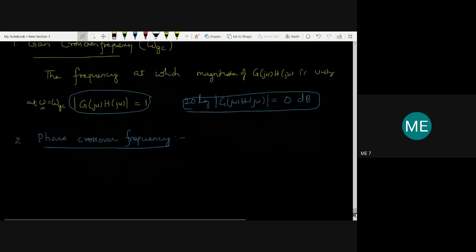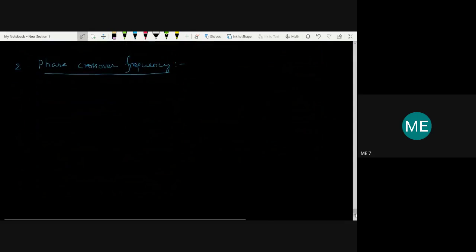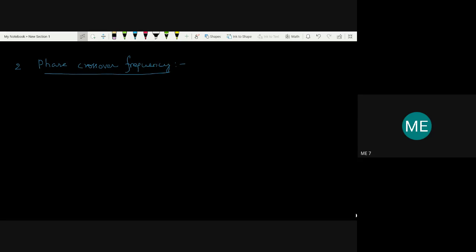Next, phase crossover frequency. Phase crossover frequency is defined as the frequency at which the phase angle of G(jω)H(jω) is minus 180 degrees.